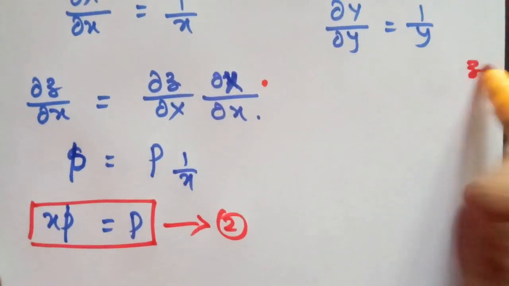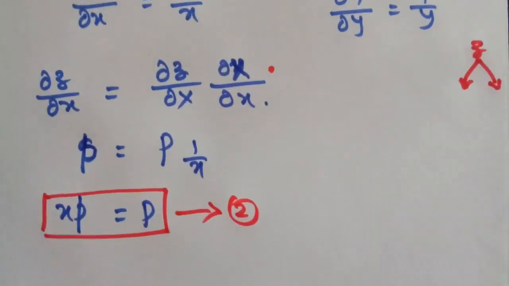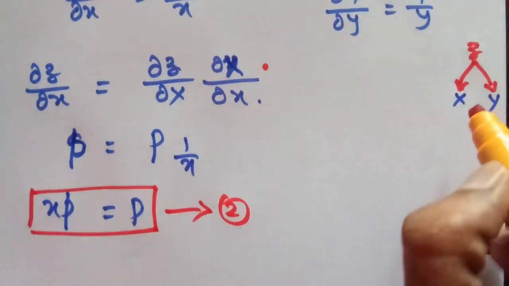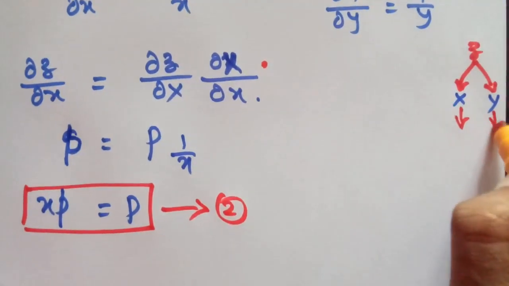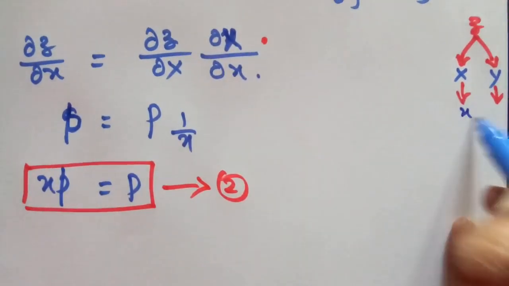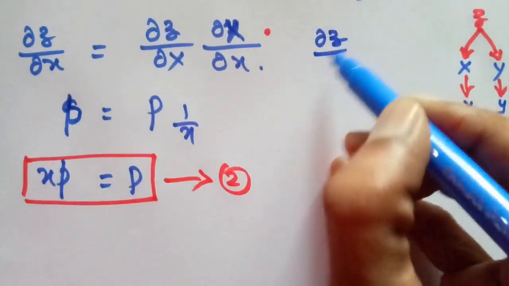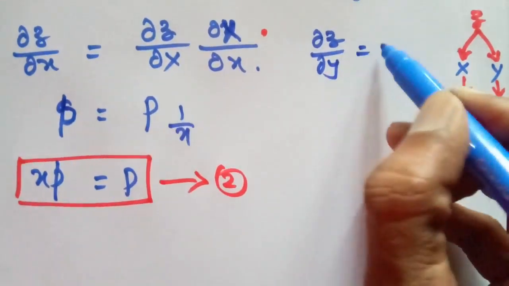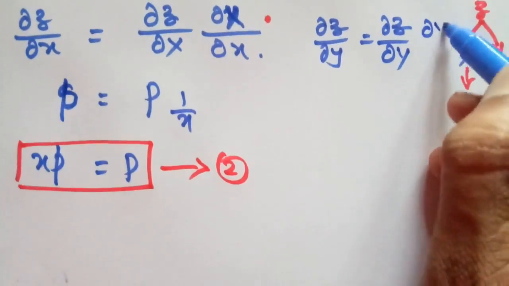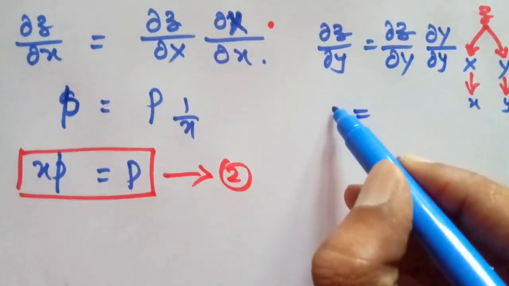And here z is a function of capital X, capital Y. Again, capital X is a function of small x and small y. Therefore, this becomes dou z by dou y is equal to z with respect to capital Y first, capital Y with respect to small y. Therefore, this can be written as small q.